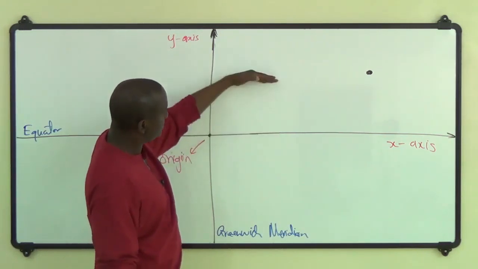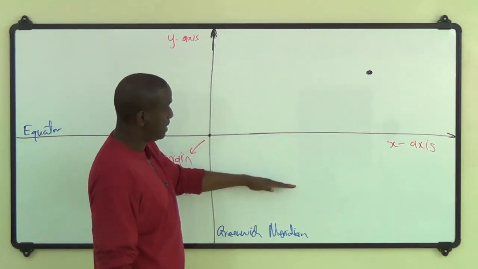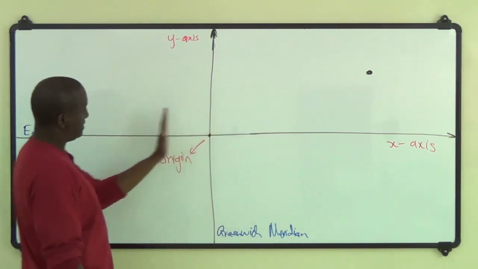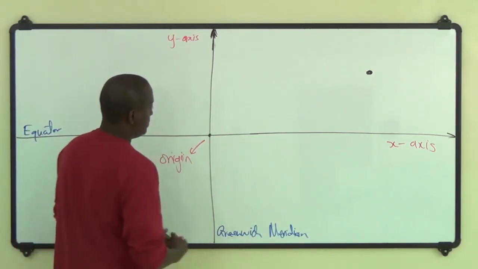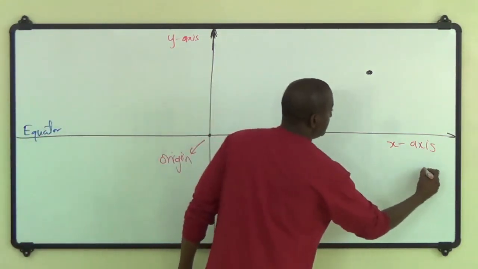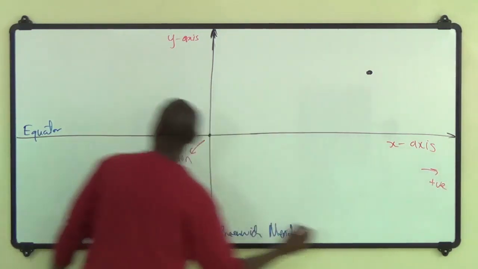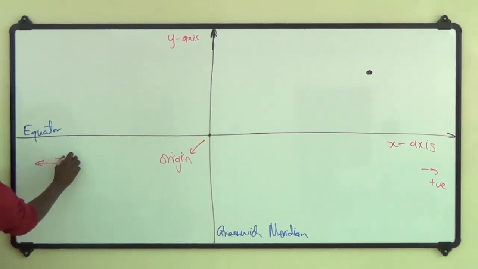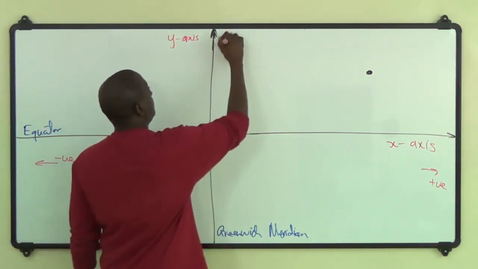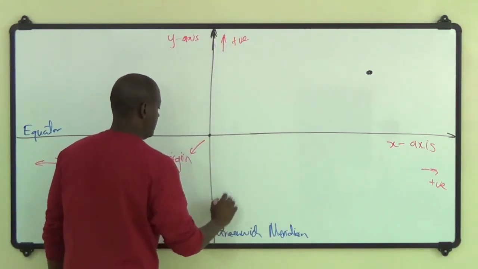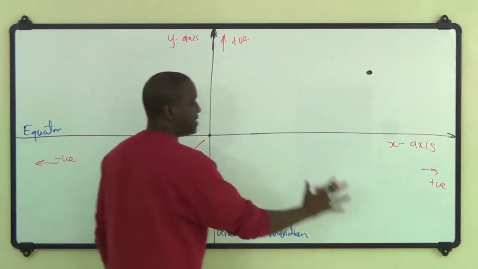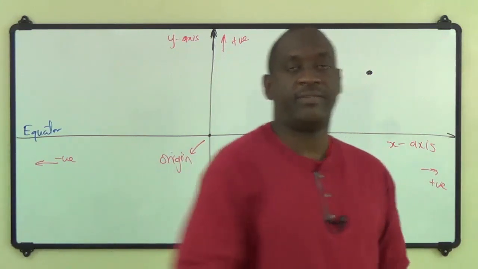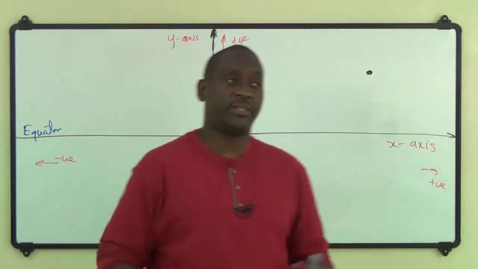So positive y is here, negative y is here. Positive x is to the right, negative x is to the left. All right? So in terms of the x-axis, this is positive and this is negative. And in terms of the y, your up is positive and your down is negative, right? There is no specific mathematical reason why up is positive and down is negative, why right is positive and left is negative. That is just one of those arbitrary things, right?